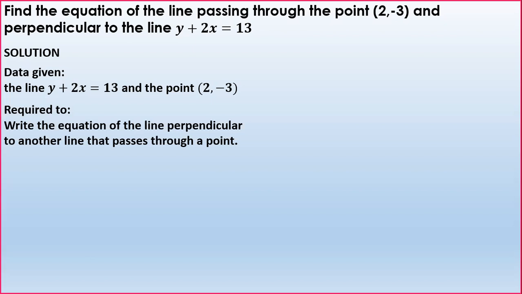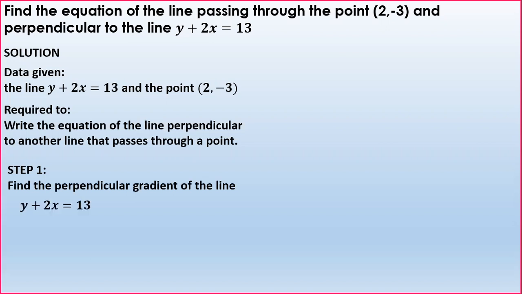We are required to write the equation of the line perpendicular to another line that passes through a point. What do we know? We know that two lines are perpendicular if the product of their gradient is -1.